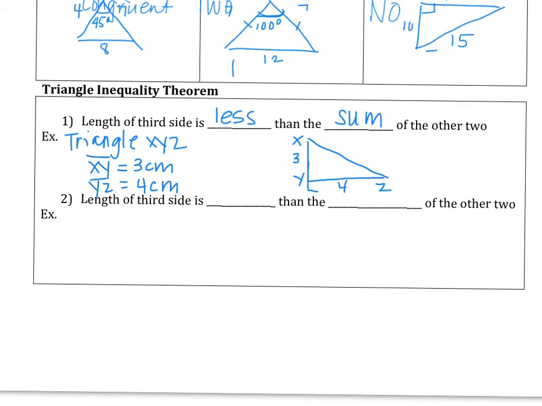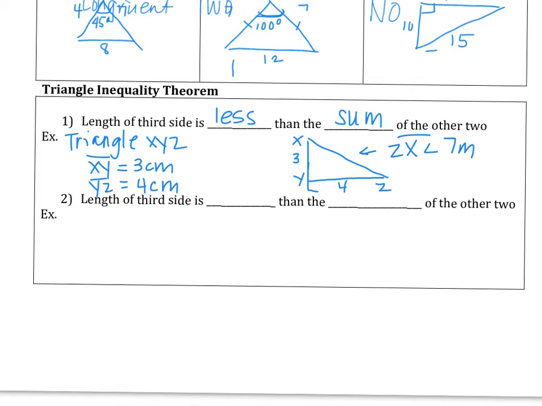Then ZX has to be less than 7 centimeters. So this one right there has to be less than 7 centimeters. So let's go over this again.